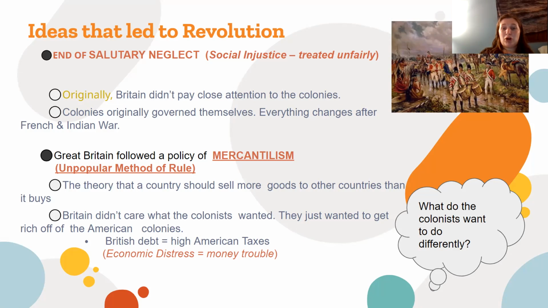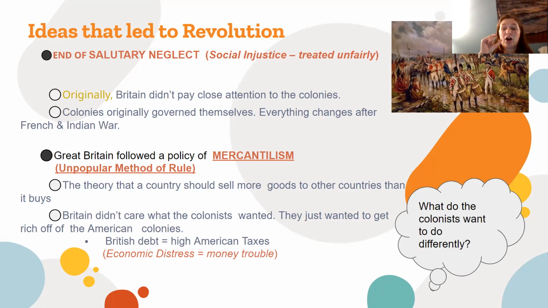We also have mercantilism. This is something that had been going on for a long time. It's one of the reasons that Britain wanted to establish these colonies. Britain is trying to sell more goods than it buys. So this is that idea we discussed last time where the colonies basically ship out raw materials to Britain. Britain manufactures them and then sells them back to the colonies and to other places around the world.